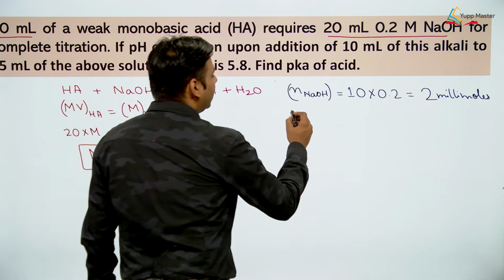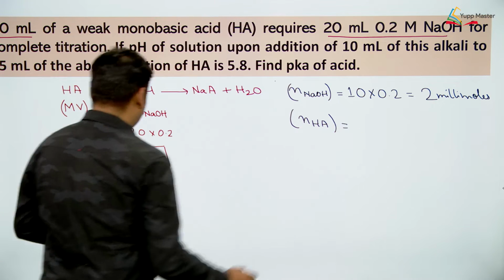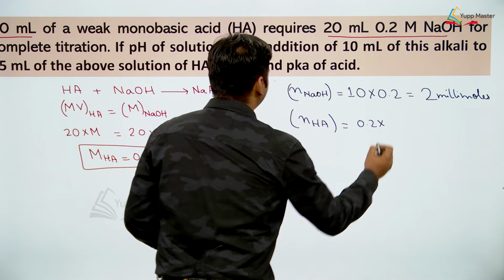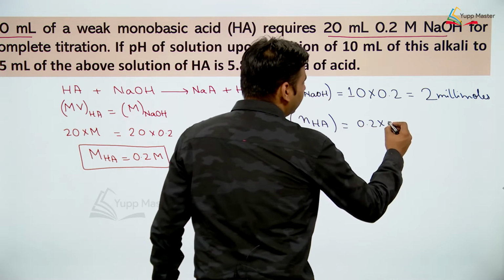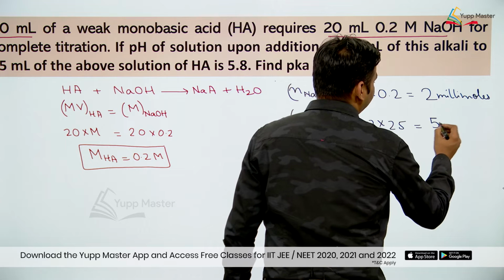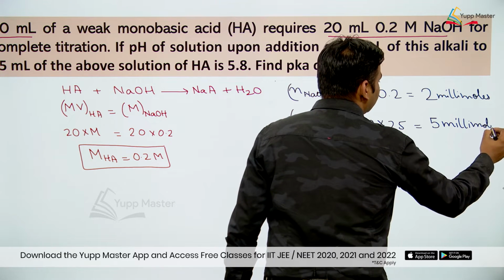So the number of millimoles of HA in this case would be its molarity, which we have calculated from this data, which is 0.2, and the volume is 25, right? So when you multiply this, we get 5 millimoles, right?